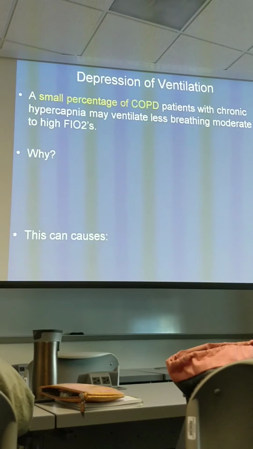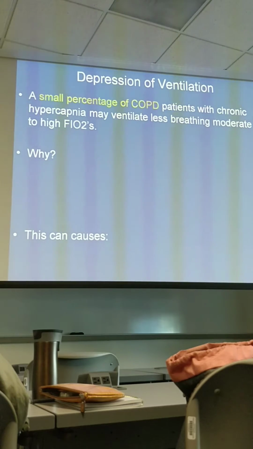And this is people with end-stage lung disease. Their drive to breathe is to have a PaO2 of 55 to 65. If you give them oxygen and increase their level to 80, they have no stimulus to breathe. So they slow down their breathing.